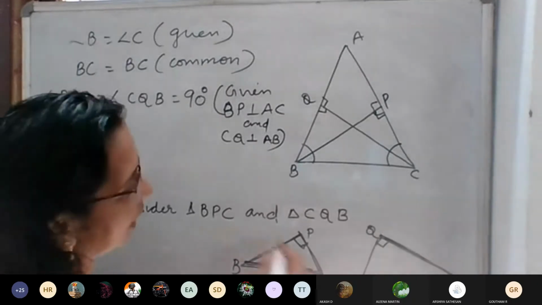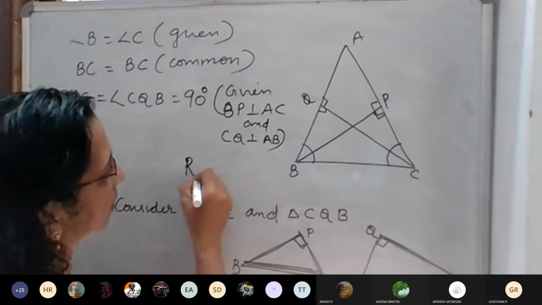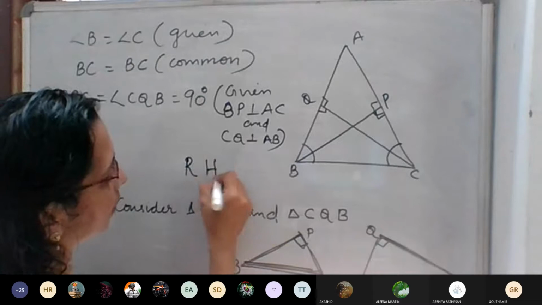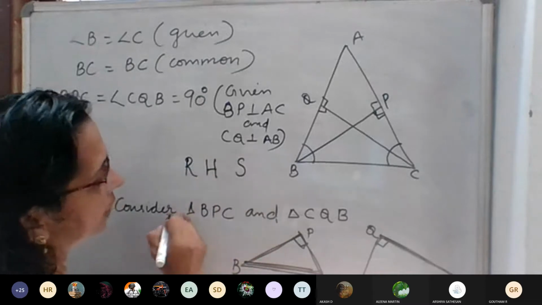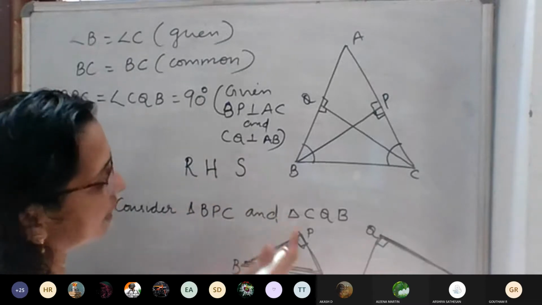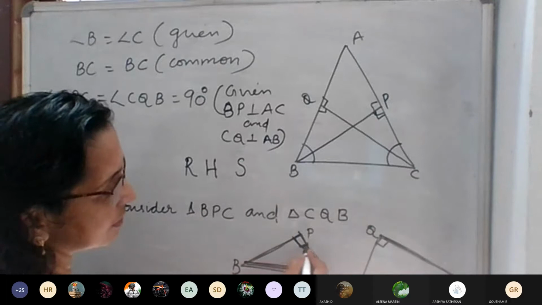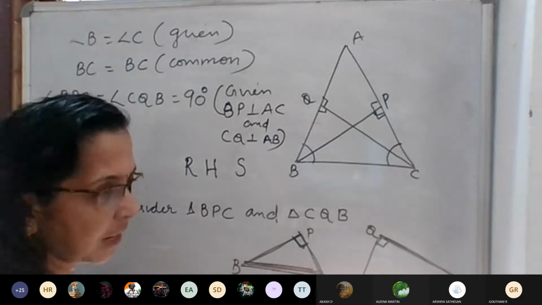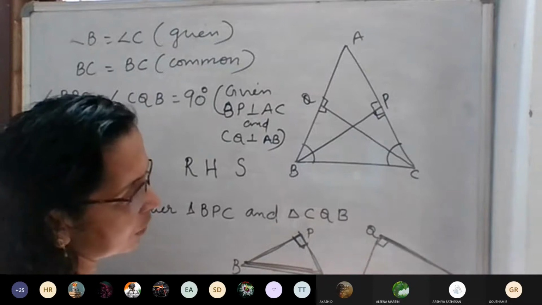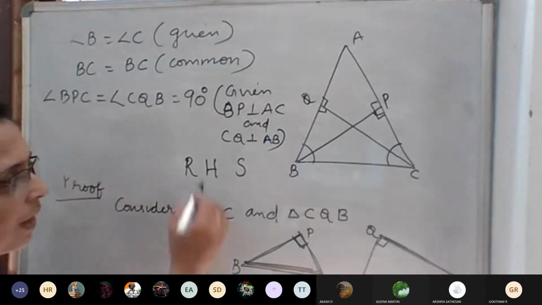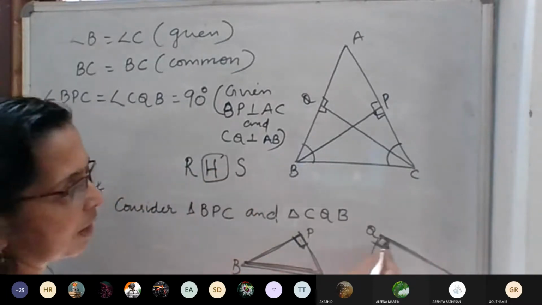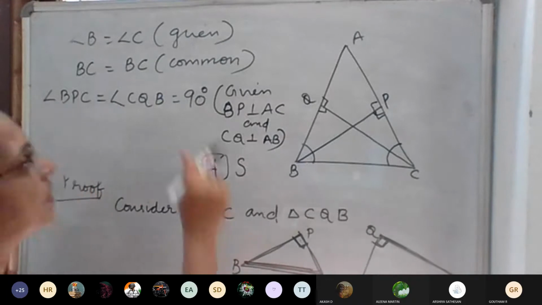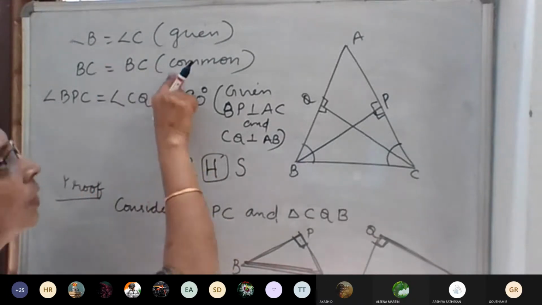RHS means what? Right angle, hypotenuse, side. So this right angle, the opposite side of that right angle is known as the hypotenuse. These two are equal, no? BC is equal to BC, we wrote.